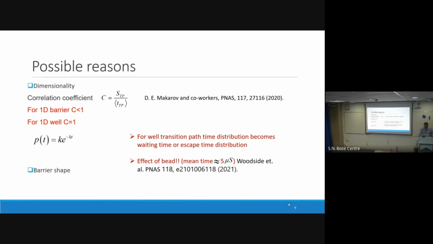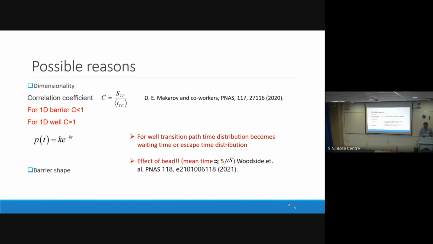Another important thing could be the effect of the bead, the probe that people are using during the transition path experiment. We are seeing the dynamics of protein folding and unfolding. However, we are measuring the movement of the bead, so the bead can affect the dynamics.